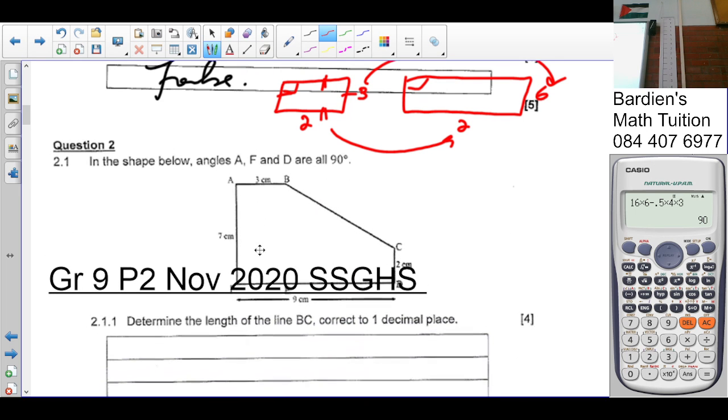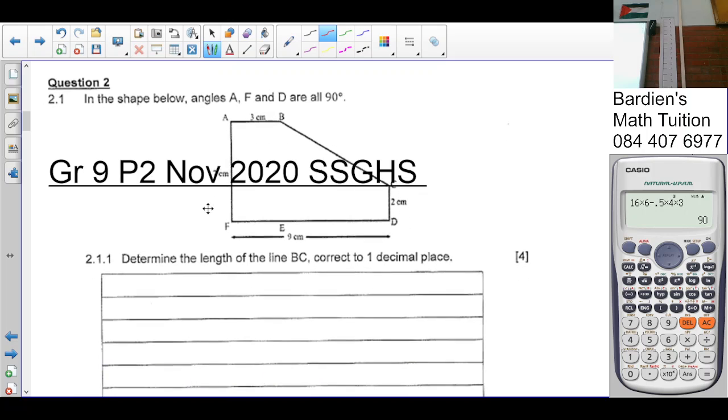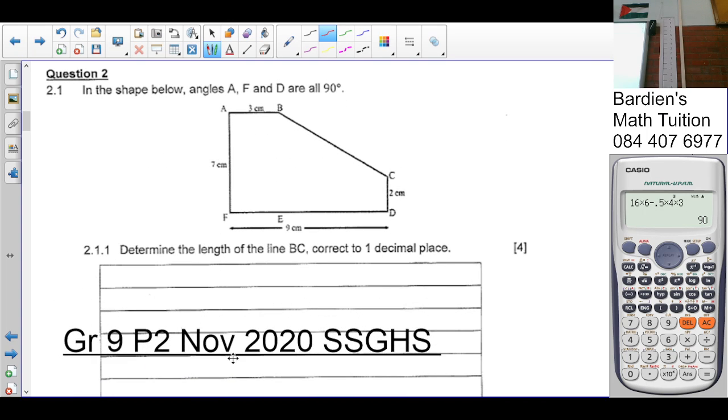Right, number 2. In question 2 we are told that in the shape below, angle A, F, and they are all 90 degrees, all perpendicular. Determine the length of BC correct to 1 decimal place. So BC is that length.